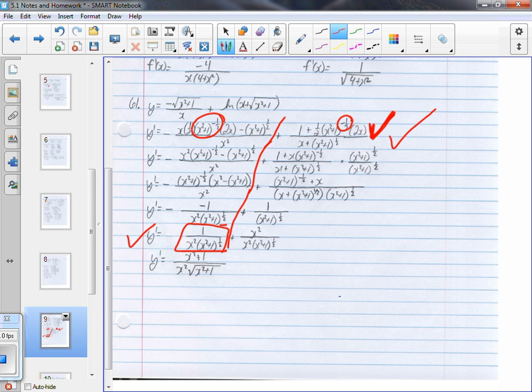Because I don't have that x squared plus 1 with a different exponent on it also in the numerator. So here's what I'm going to do instead. All right, first I'm going to multiply that 1/2 times that 2 and get a 1. So I've got 1 plus, and then all I have there is a factor of x. Then I've got that thing with the negative exponent. I'll leave the denominator alone.